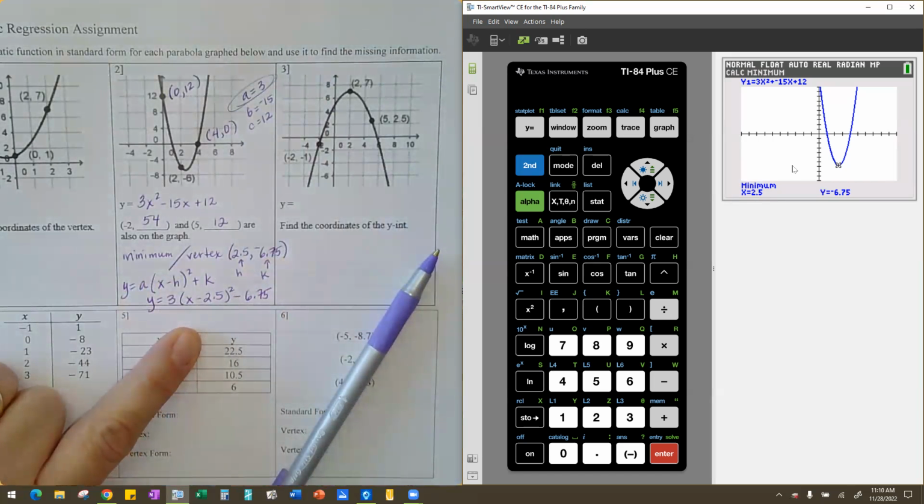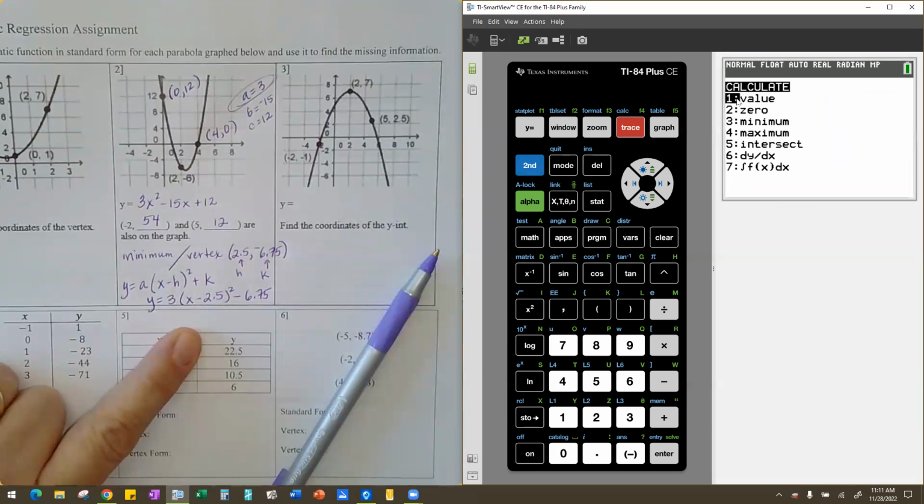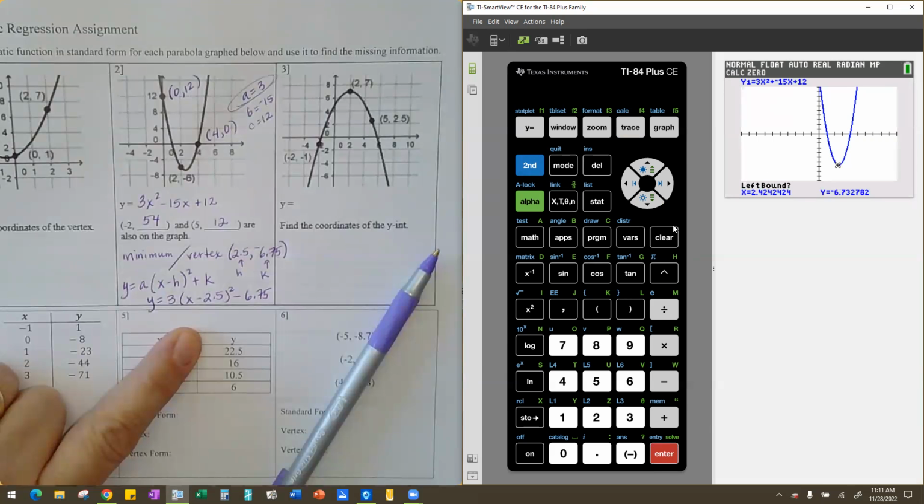You can also find zeros. If I wanted to know precisely where it appears that this graph crosses the x-axis at 1 and at 4, you can use this second trace to calculate the zeros. And you do that left bound, right bound thing again.